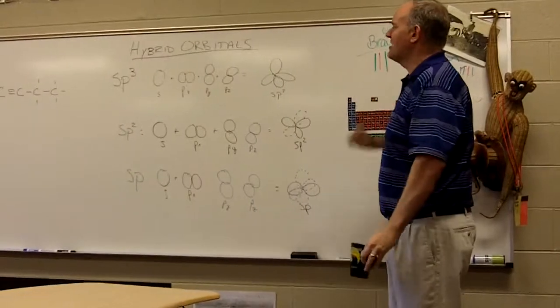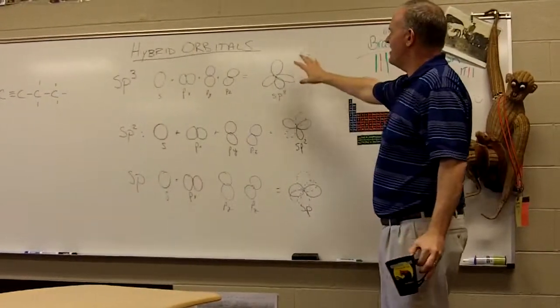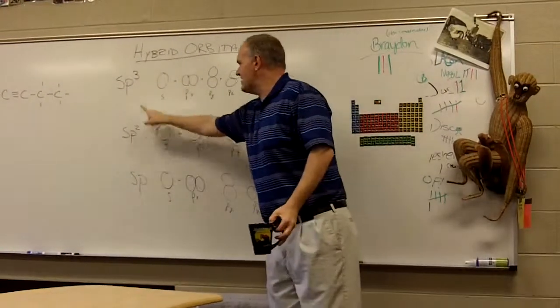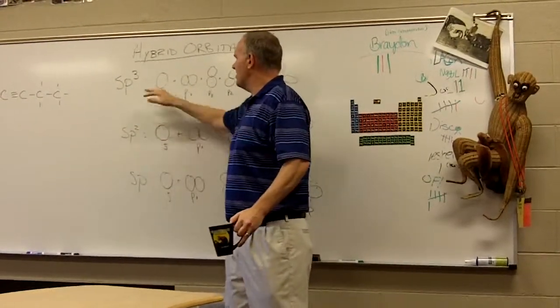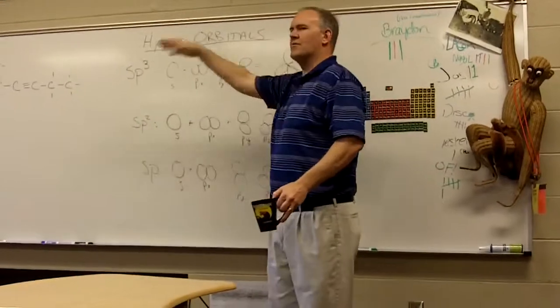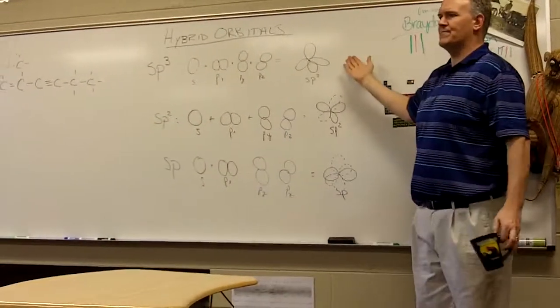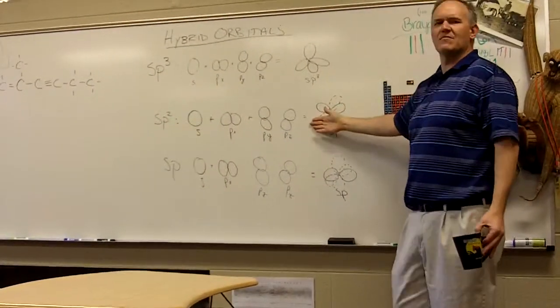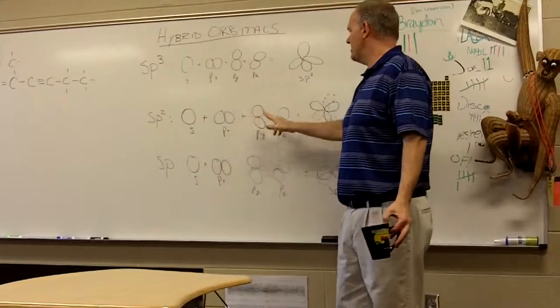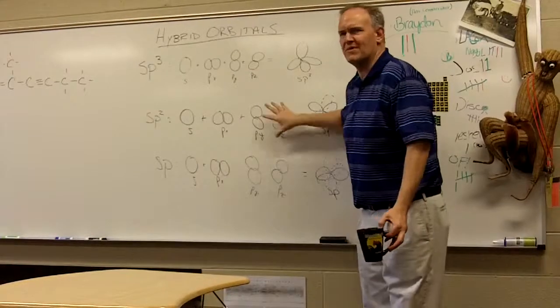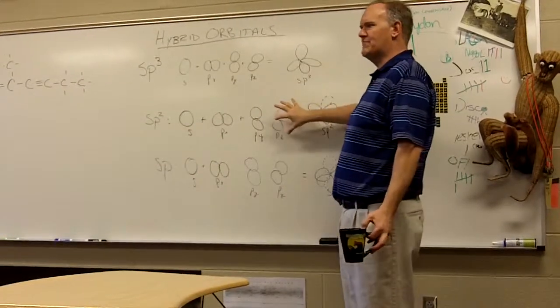Now, the second kind of hybrid orbital is exactly the same idea, except instead of taking the s and all the p's, we throw them into a blender and get out an sp3. Here we're going to do the same thing, but the ingredients are different. We're going to throw in an s, a px and a py, but we are not going to put the pz into the blender. It's going to remain separate.